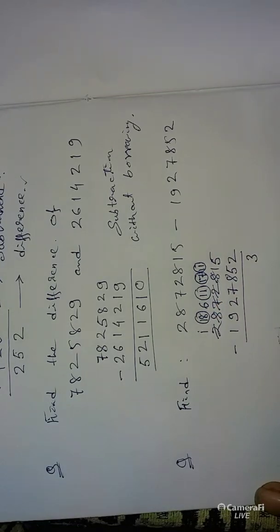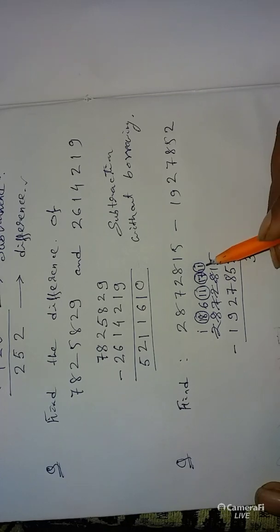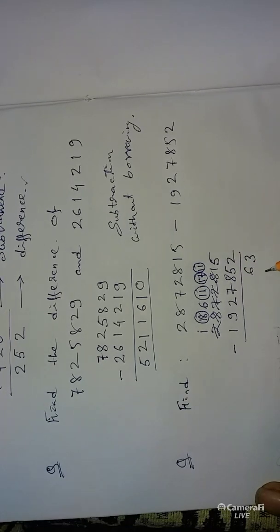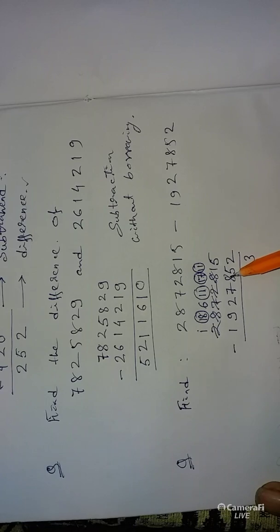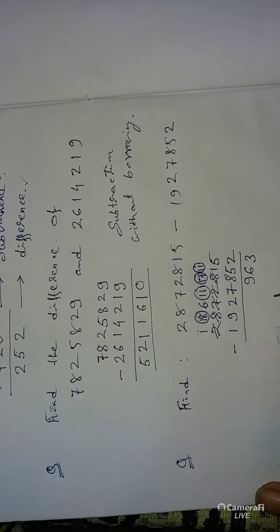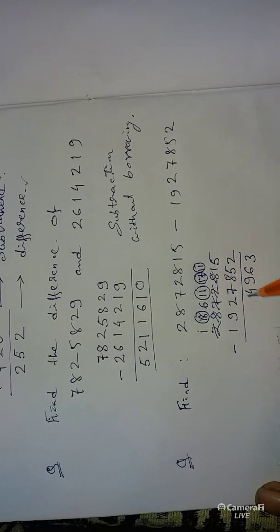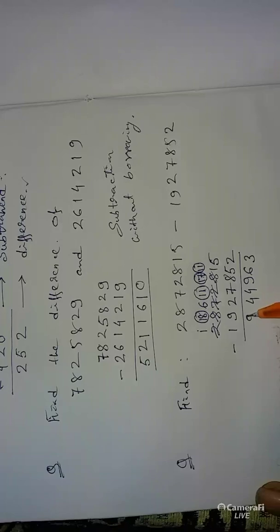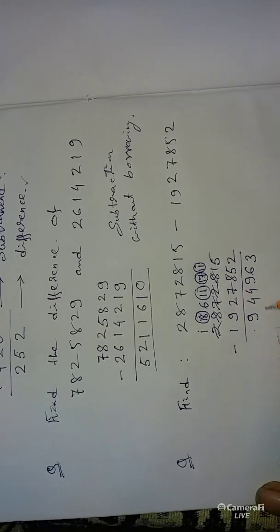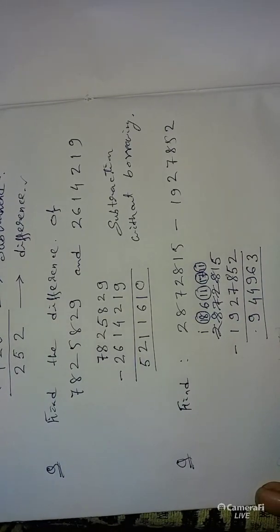Now we can subtract every step. 11 minus 5 is 6, 17 minus 8 is 9, 11 minus 7 is 4, 6 minus 2 is 4, 18 minus 9 is 9, 1 minus 1 is 0. We are not writing 0 here. So this is the difference.